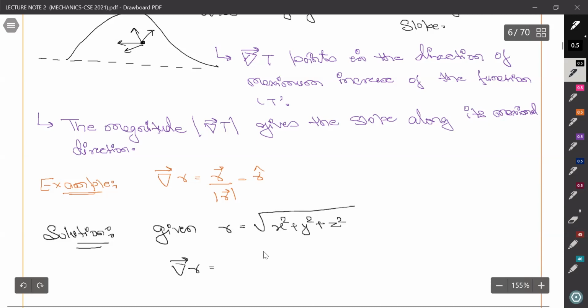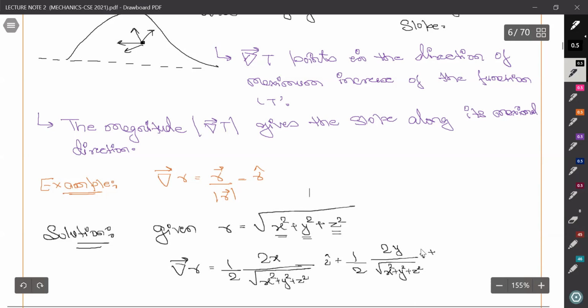So we just have to partially differentiate this. You can check this: 1 by 2, 2x, under root x square plus y square plus z square. When we are partially differentiating with respect to x, we treat y and z as constant, and x square gives 2x, with the half. We can differentiate it like this, i cap. Similarly with y, we get 1 by 2, 2y under root x square plus y square plus z square.